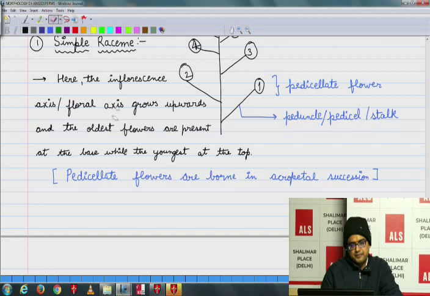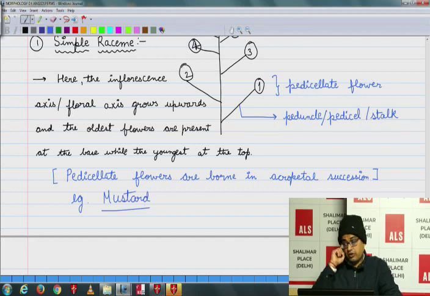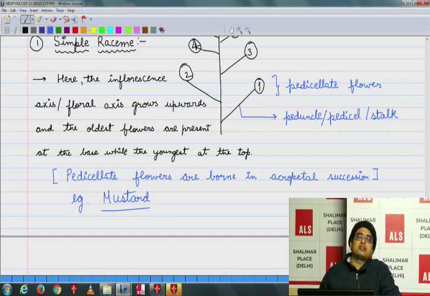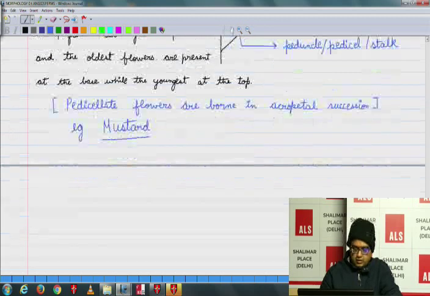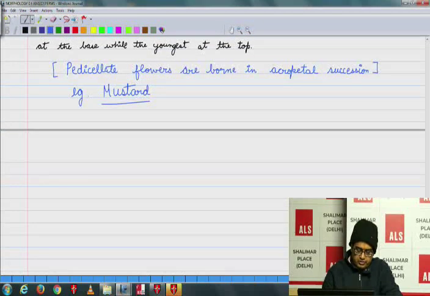Mustard, a very common plant. What is the botanical name of mustard? I believe I have already told you this. Brassica campestris. Mustard is the best example of simple racemose inflorescence. Okay. So now let's move on to the second inflorescence. Simple raceme, basically.